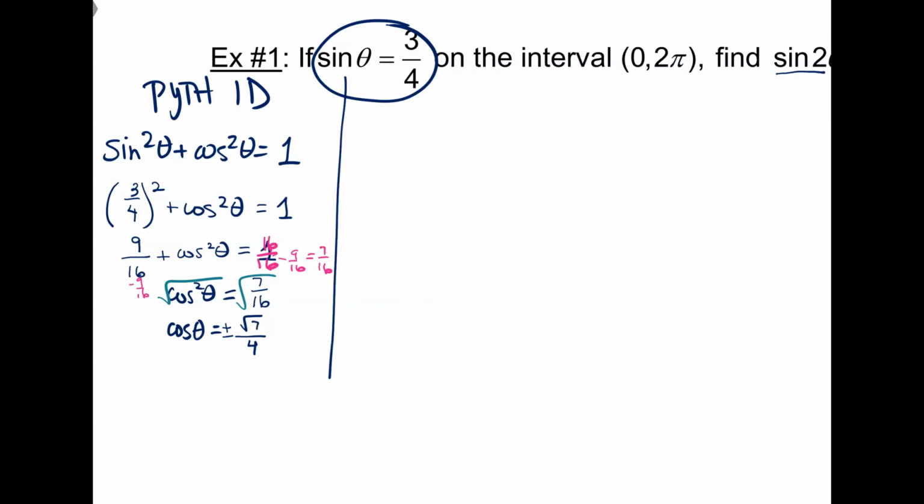Because your sign, plus or negative, depends on what angle you have, and that determines whether it will be positive or negative based on the terminal side, based on the quadrant. That's a sufficient explanation.